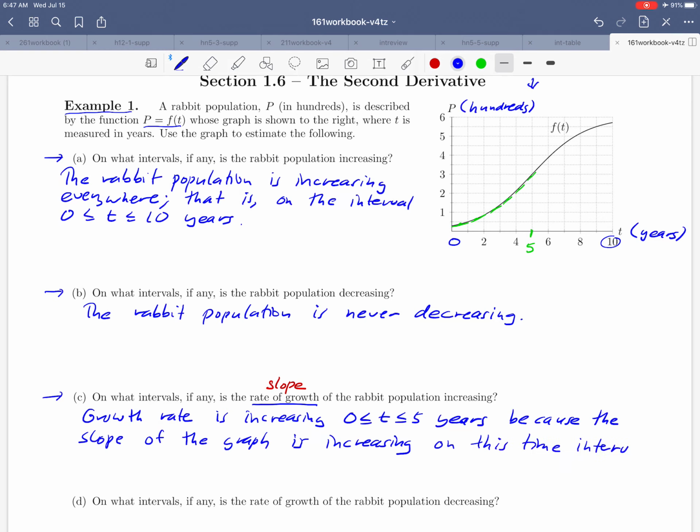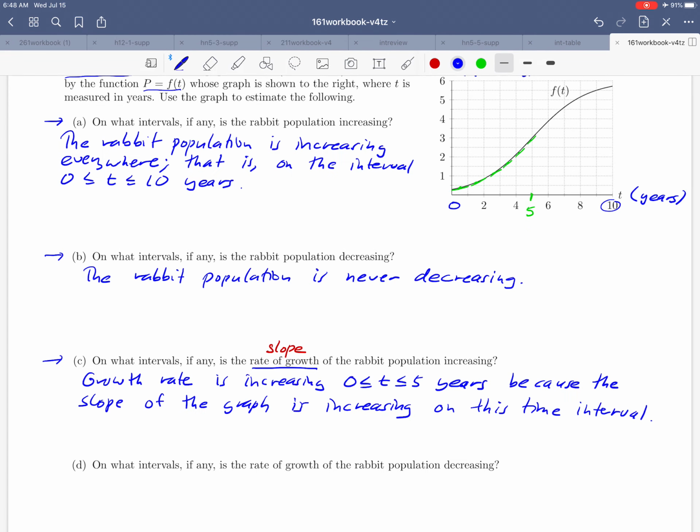Now that we've answered C, let's see if we can answer D. It's just turning it around: on what intervals is the rate of growth of the rabbit population decreasing? Again, rate of growth graphically is slope. If we start drawing in tangent lines between 5 and 10, we get the opposite behavior.